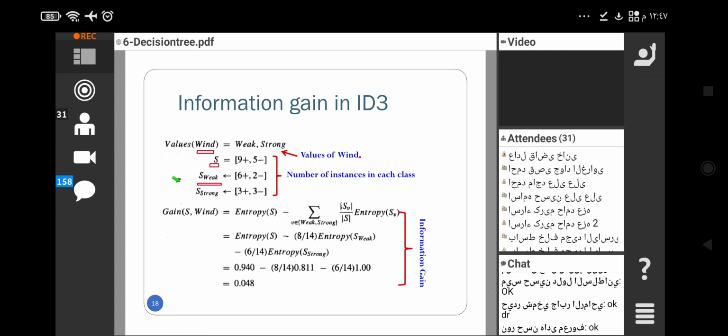Okay, so for the feature wind, it has 2 values, and for each value we said how many positive and negative classes. Now we want to calculate the gain of the feature wind.